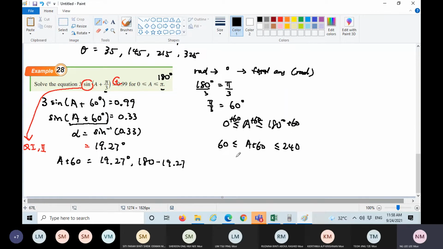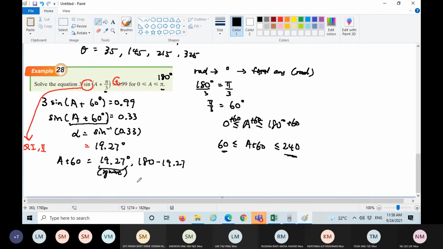So your new range for A plus 60 is from 60 to 240. Can you see? This one is not in the range. Then I want to test and see whether this one is in the range or not. Yes, this one is in the range.